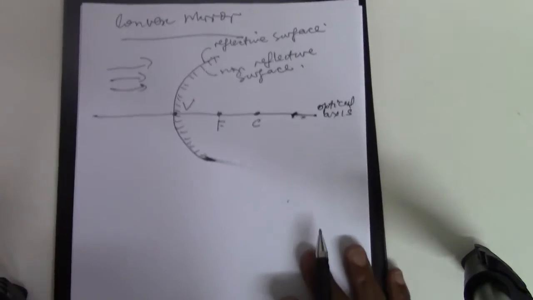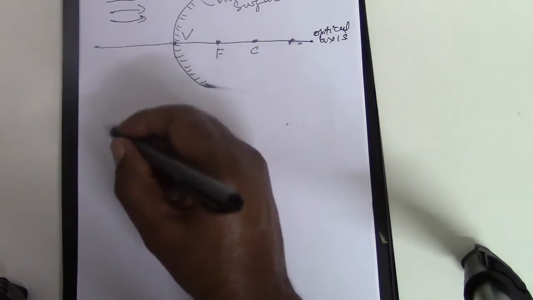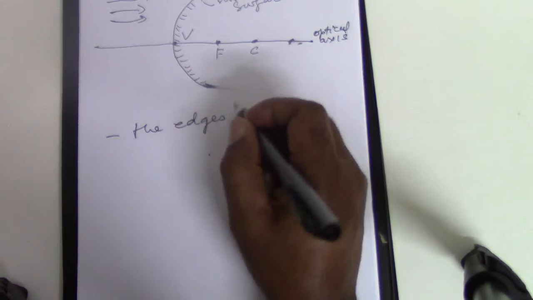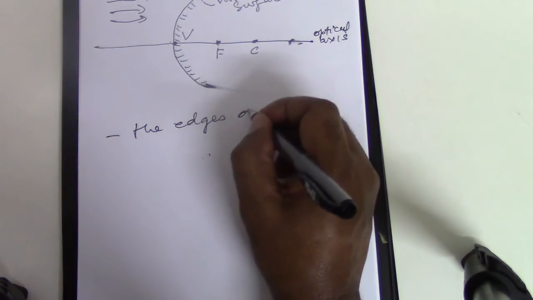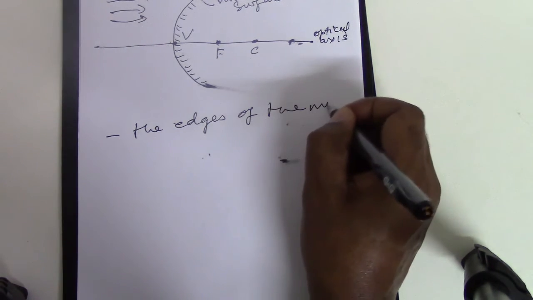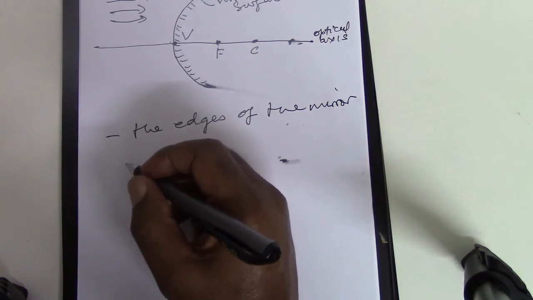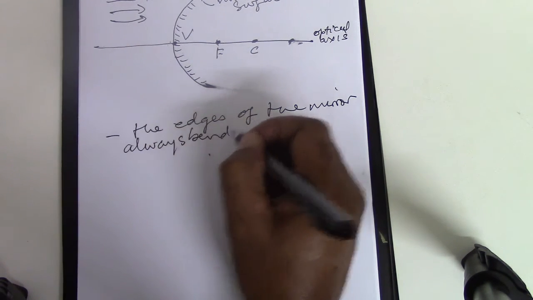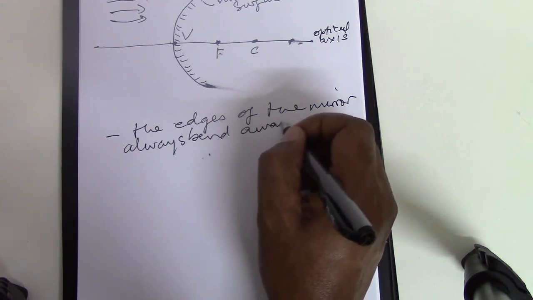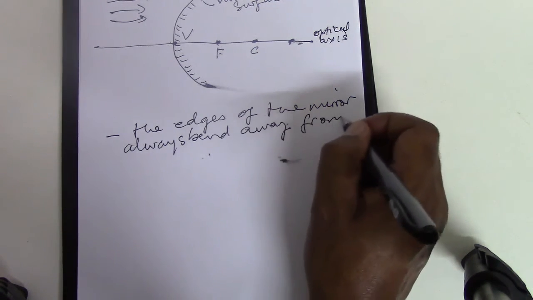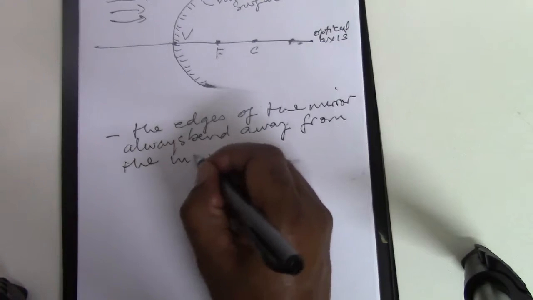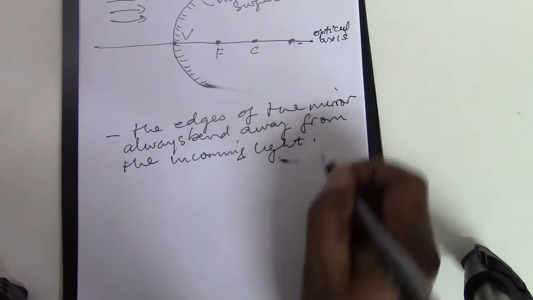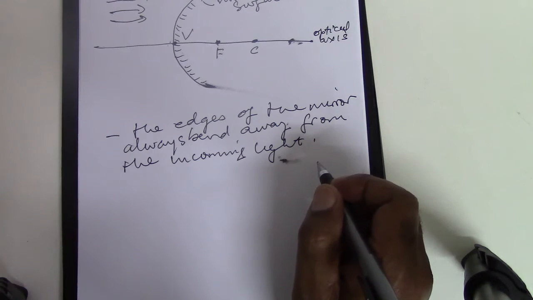So we can say then that the edges of this mirror always bend away from the incoming light.